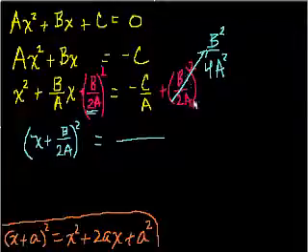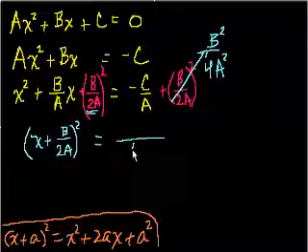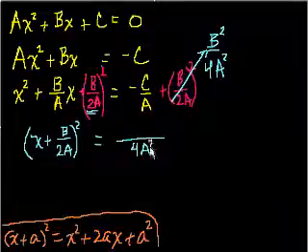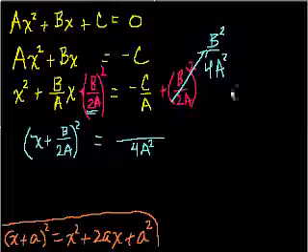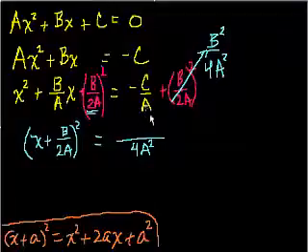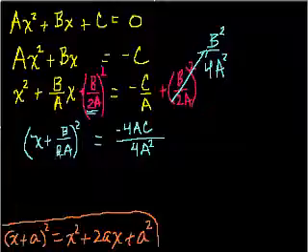And so if I have to add these two fractions, let me make this equal to 4a squared, right? And then if the denominator is 4a squared, what does the minus c over a become? Well, if I'm multiplying the denominator by 4a, I have to multiply the numerator by 4a, so this becomes minus 4ac, right?